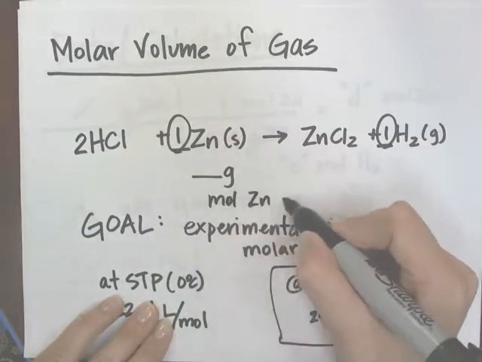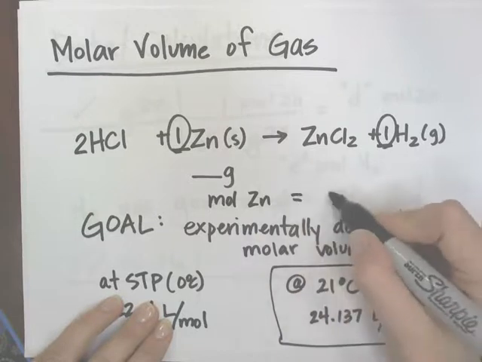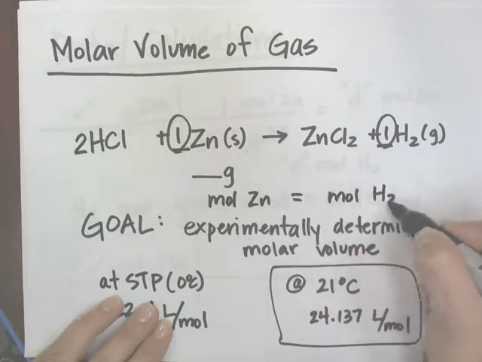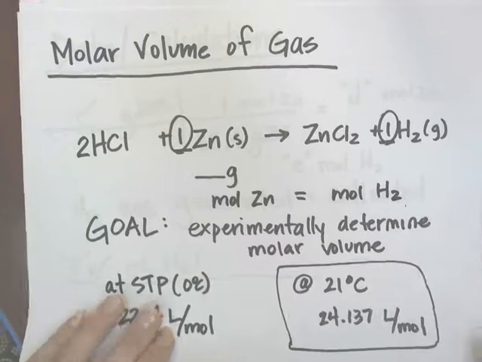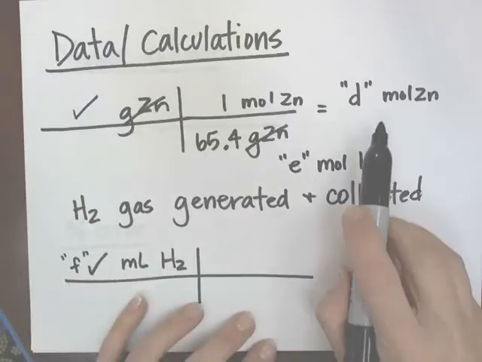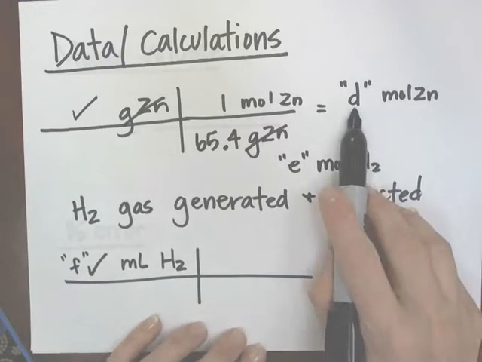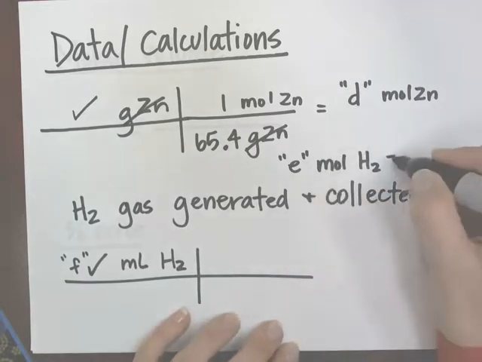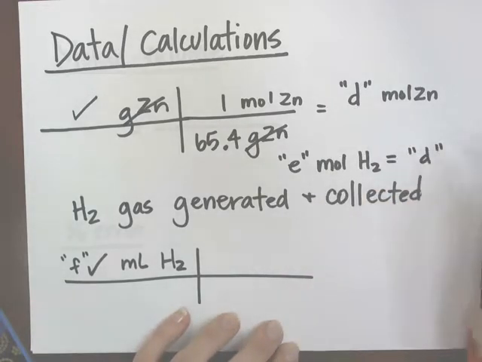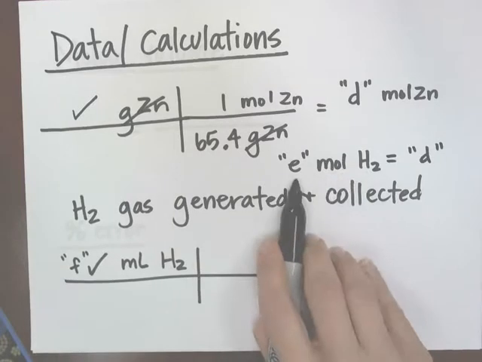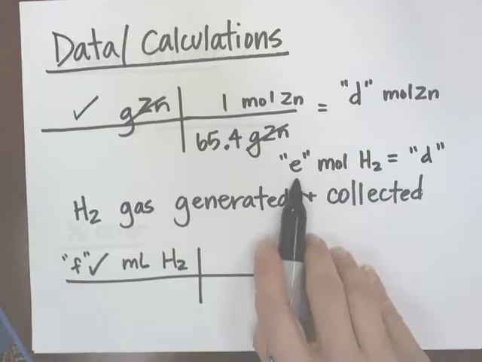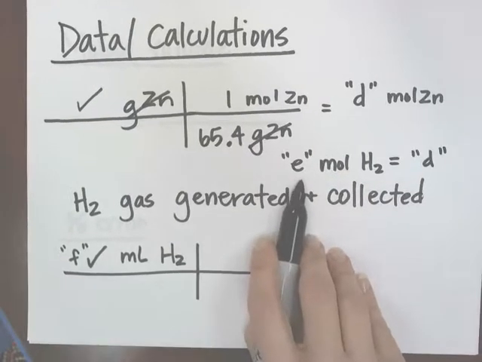So moles of zinc should be equated to moles of hydrogen. So once you've calculated the value in D, it is the same as moles of hydrogen that you'll report in part E. So we're able to do this because the reaction is 1 to 1.